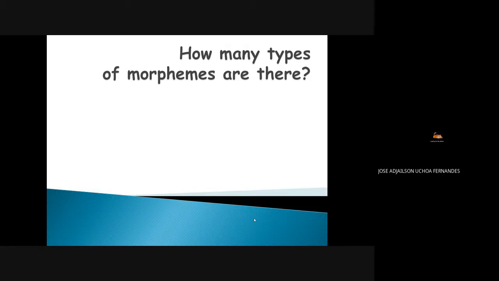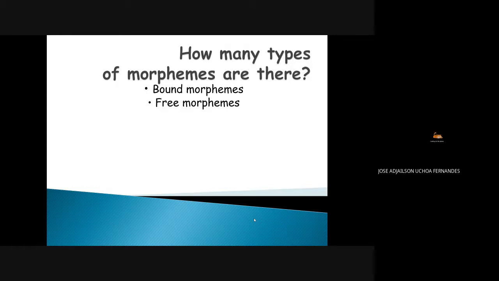Others are there just to fulfill grammatical rules, like in he plays the piano. This final s is not as important as the first morpheme play. The morpheme s is there just to give the idea of third person singular. Okay. So first of all, we have two big categories: the bound morphemes and the free morphemes.